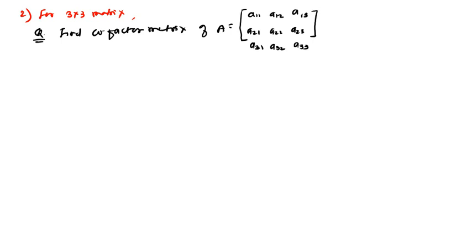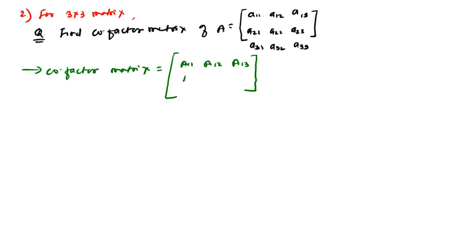Okay, so its answer will be the cofactor matrix of 3 by 3 matrix will be this one, capital A11, A12, A13. Okay, this will be A21, A22, A23. This will be A31, A32 and A33. This is a 3 by 3 matrix.